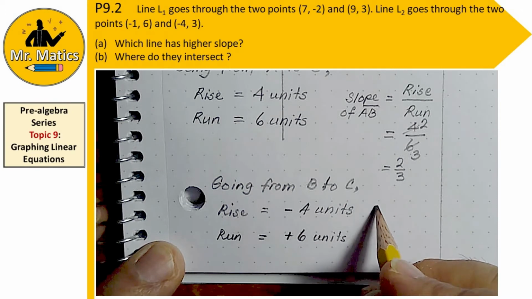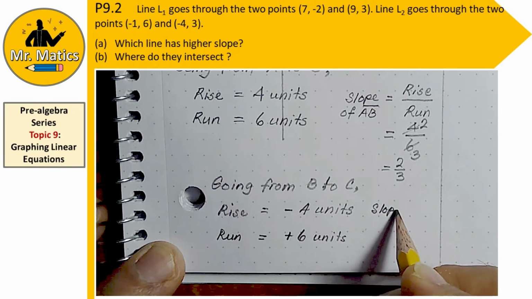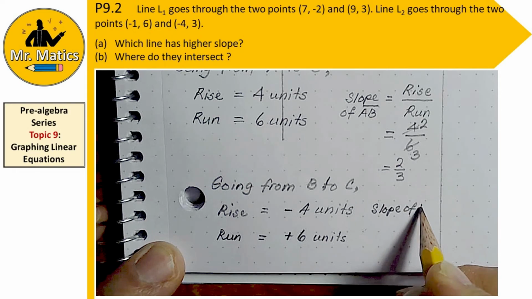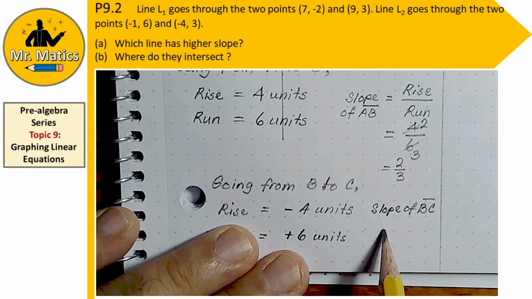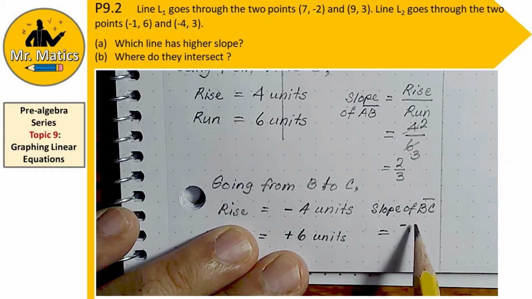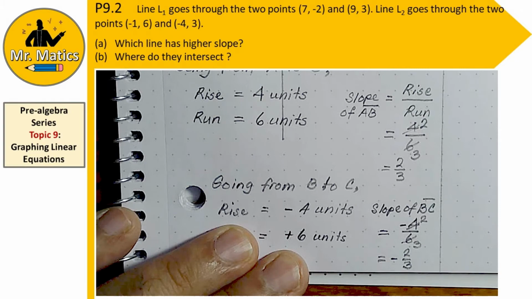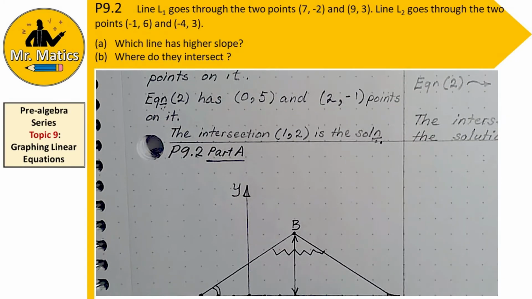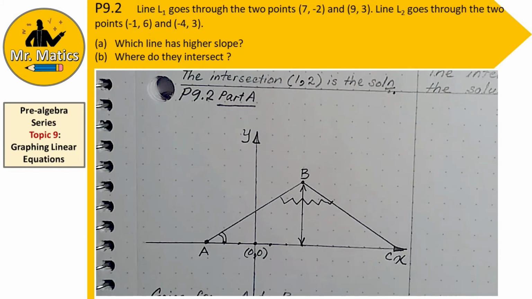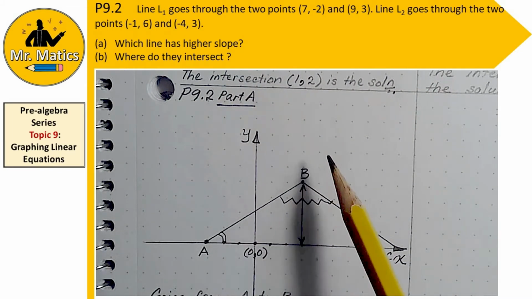Here the slope of BC will be minus 4 divided by 6, cancelling again the factor 2, this is 2 and 3, so the answer is minus 2 by 3 in this case. So the slope is negative when you are coming downward, and the slope is positive when you are going upward.